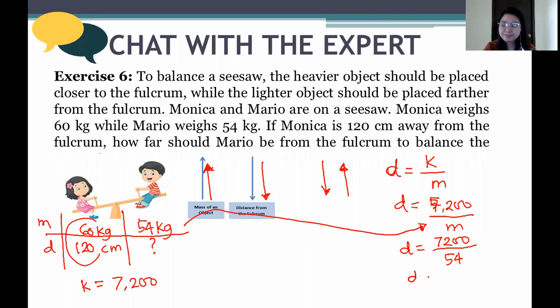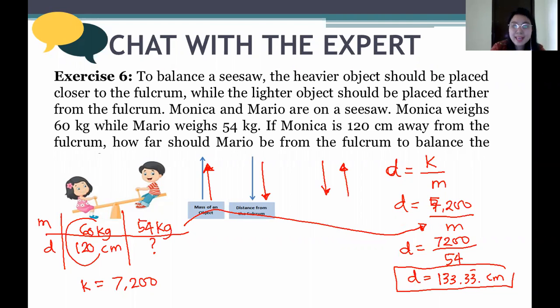Let's divide. That's 7,200 divided by 54. If your answer is not an exact one, you can write it up to 2 decimal places. It's 133.33. Or you can place a bar on top since it is repeating. So what's the answer? Mario should be 133.33 cm away from the fulcrum.